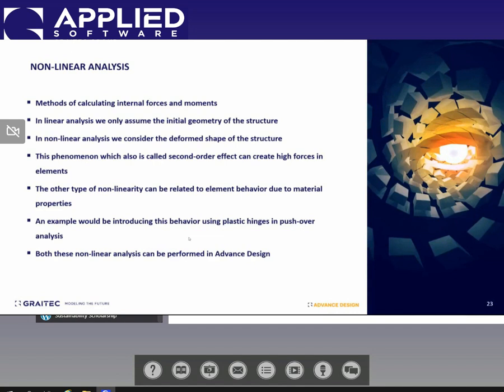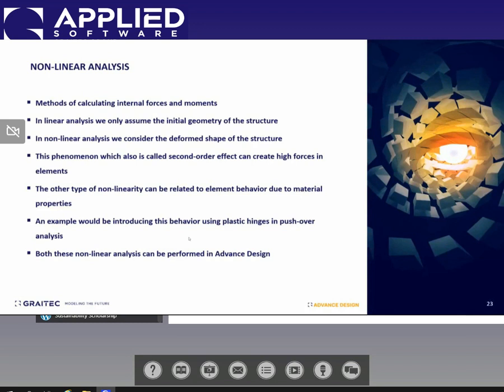What this means is that you can have higher forces in your elements because of the deformed shape of the structure. We have several types of nonlinearity. We have geometrical nonlinearity and we have material nonlinearity, which is based on the properties and stress strain curve of your material.